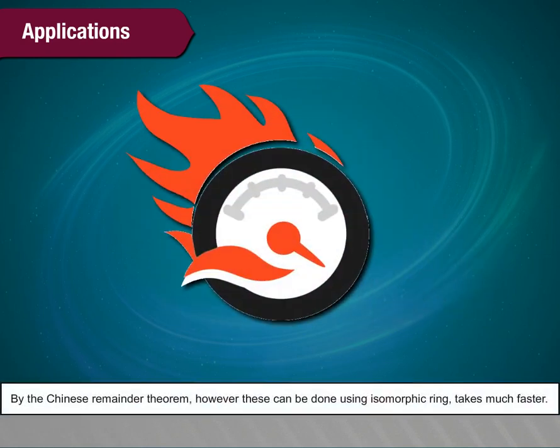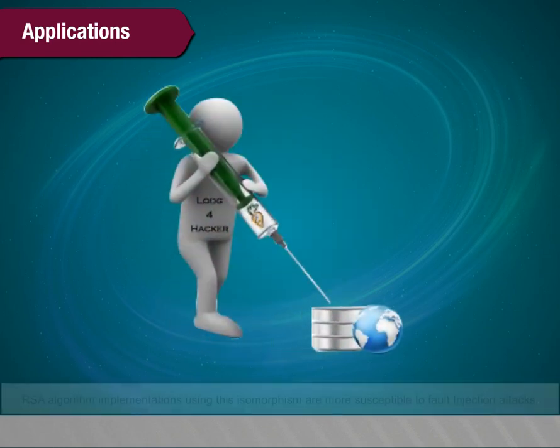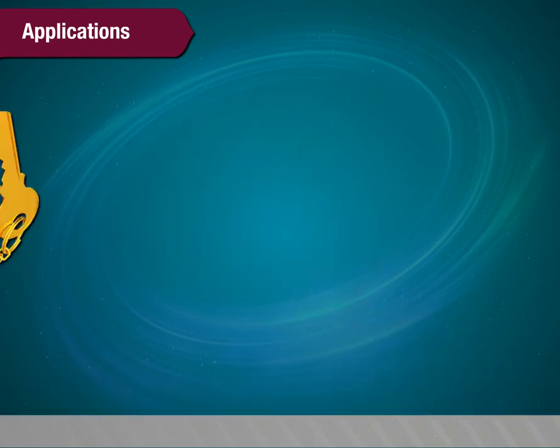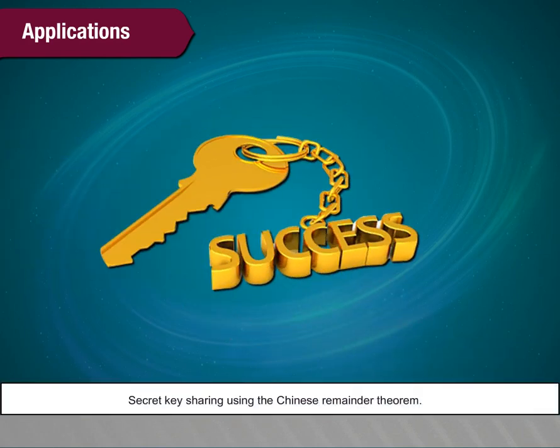By the Chinese remainder theorem, however, these can be done using an isomorphic ring, which is much faster. RSA implementations using this isomorphism are more susceptible to fault injection attacks. Secret key sharing also uses the Chinese remainder theorem.